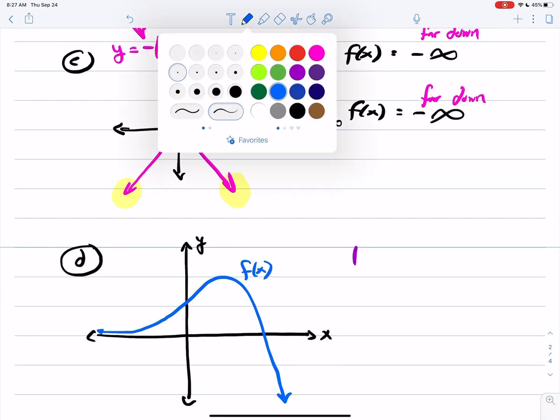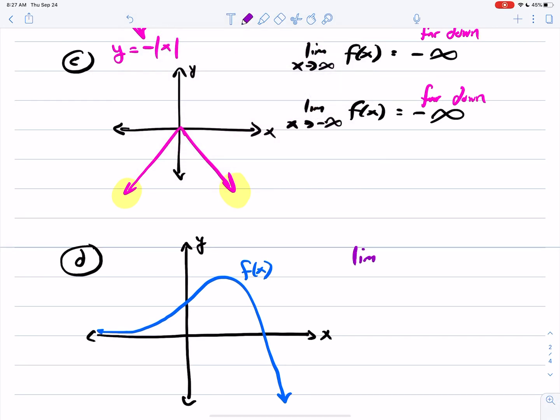I want you guys to go ahead and find the limit of f of x as x approaches infinity. And I want you to find the limit of f of x as x approaches negative infinity, also known as the end behaviors, okay? Go ahead and pause here, really think about it. And then it's okay if we get different answers, all right? Because I think we learn more from a wrong answer than we do from a right answer, okay? So go ahead, pause there, press play whenever you're ready.